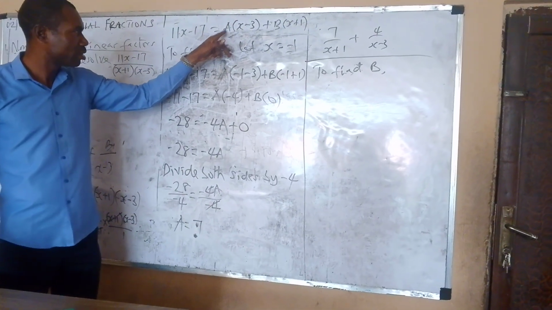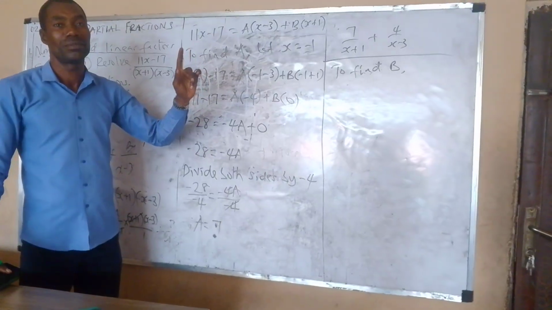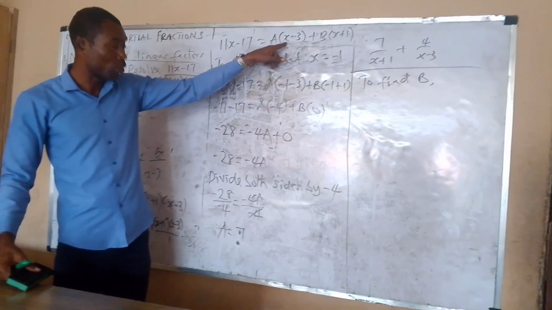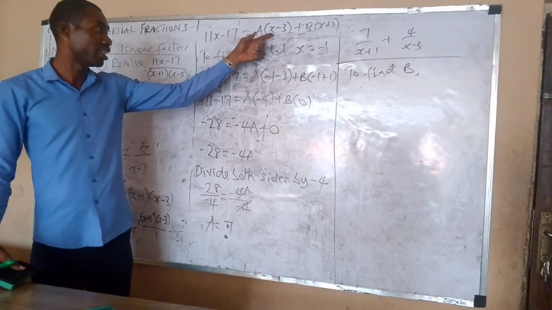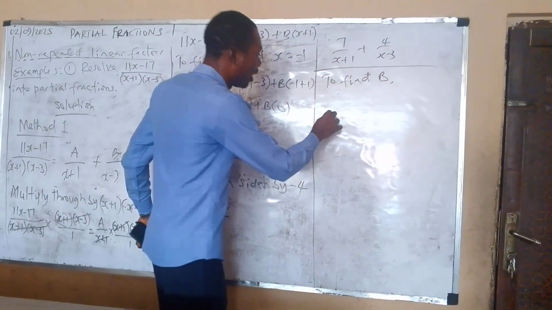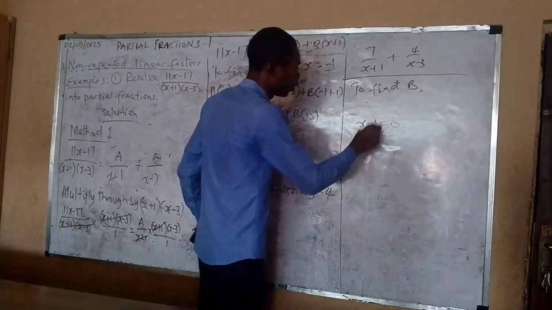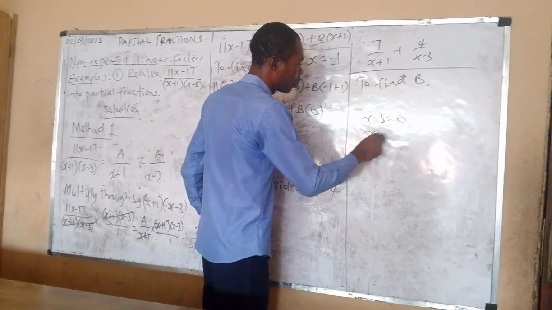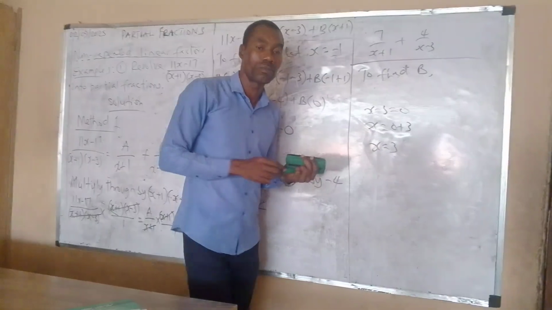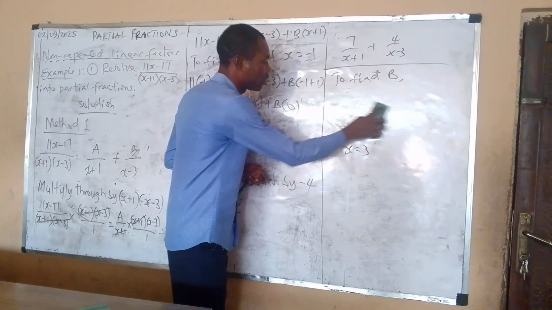So that a times 0 will be 0 as we did here. Then we can find b. As we said before, find the 0 of this. But if you are smart, just put 3 here. Because 3 minus 3 is 0. But if you don't know what to do, find the 0 of this expression. Collect like terms. x equals 0 plus 3. x equals 3. Okay? So our x is 3.